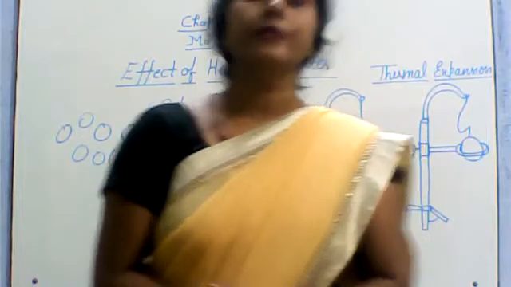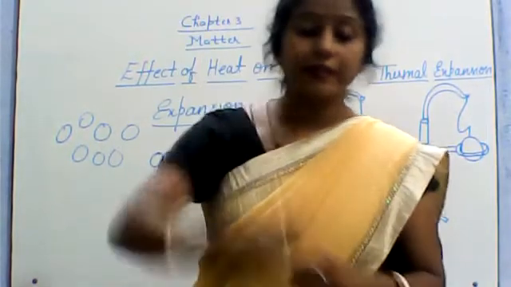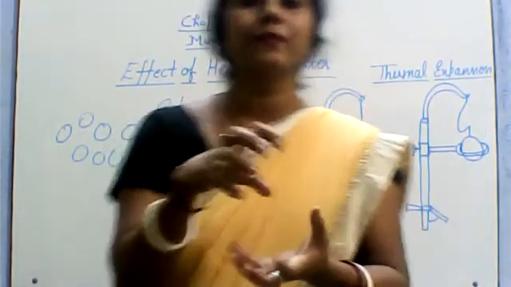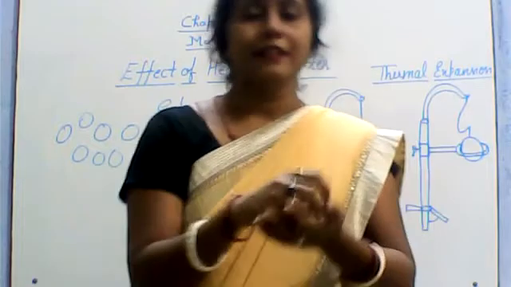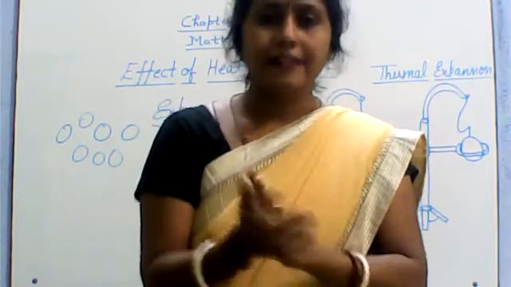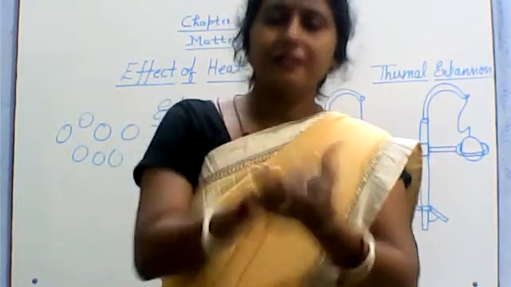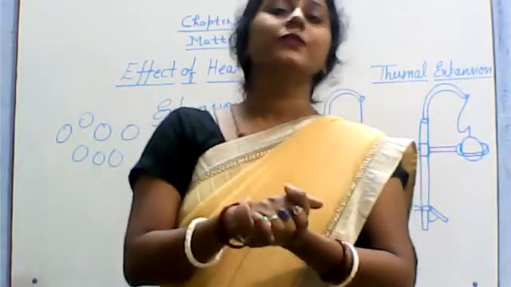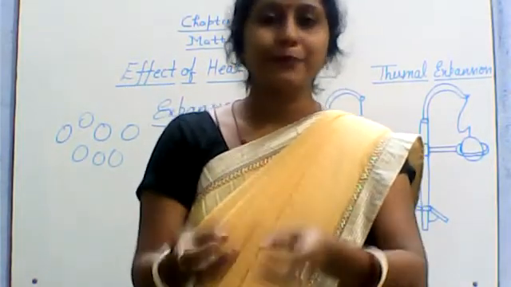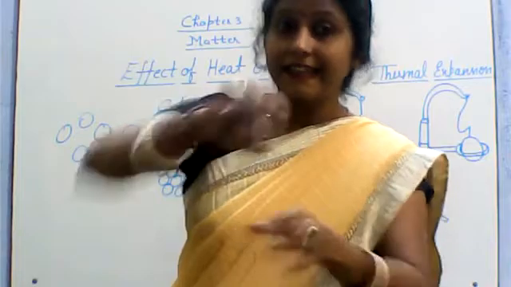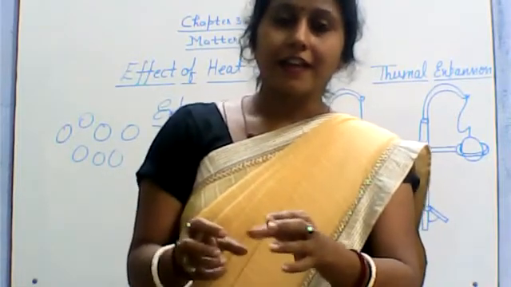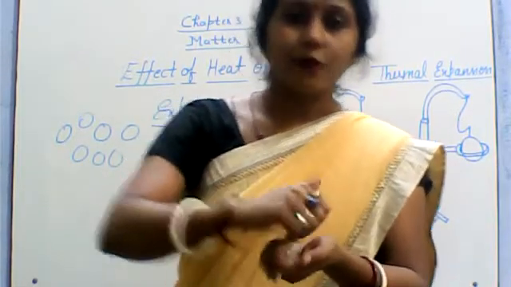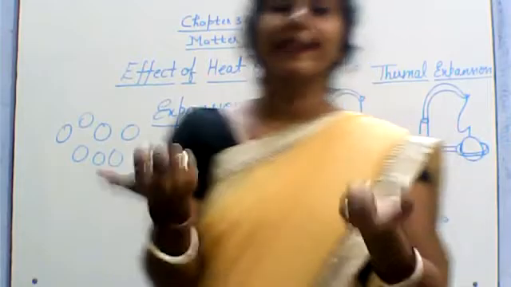One more example I want to give. Sometimes your tiffin box or your bottle is difficult to open. It sometimes becomes tight. So what does your mother do? She pours some hot water on that tiffin and then it opens easily. Why?